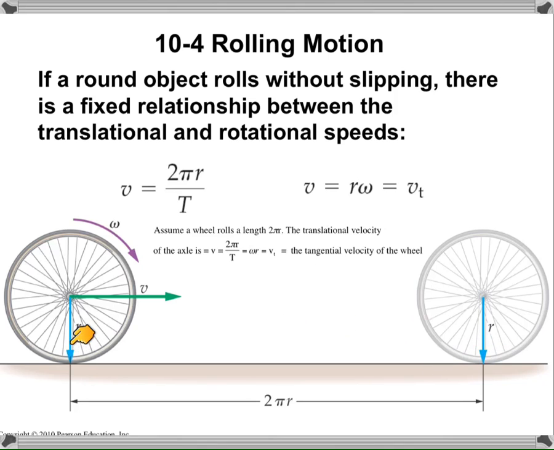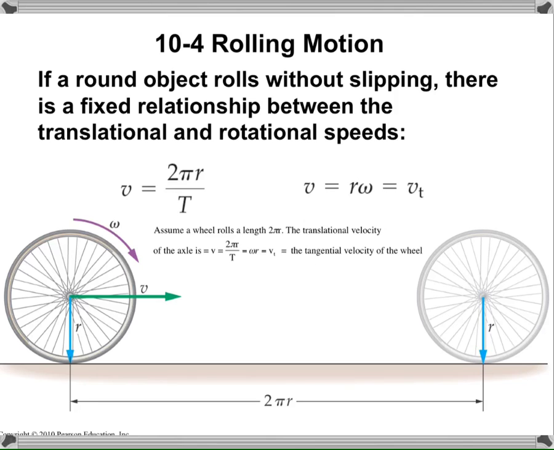When the wheel makes one revolution, the wheel will go toward the right, and it comes to the same point on the ground again. It goes a distance of 2 pi r, because the circumference of the wheel is 2 pi r. And I can divide this by time to find the linear speed of the center of the wheel: 2 pi r divided by t.